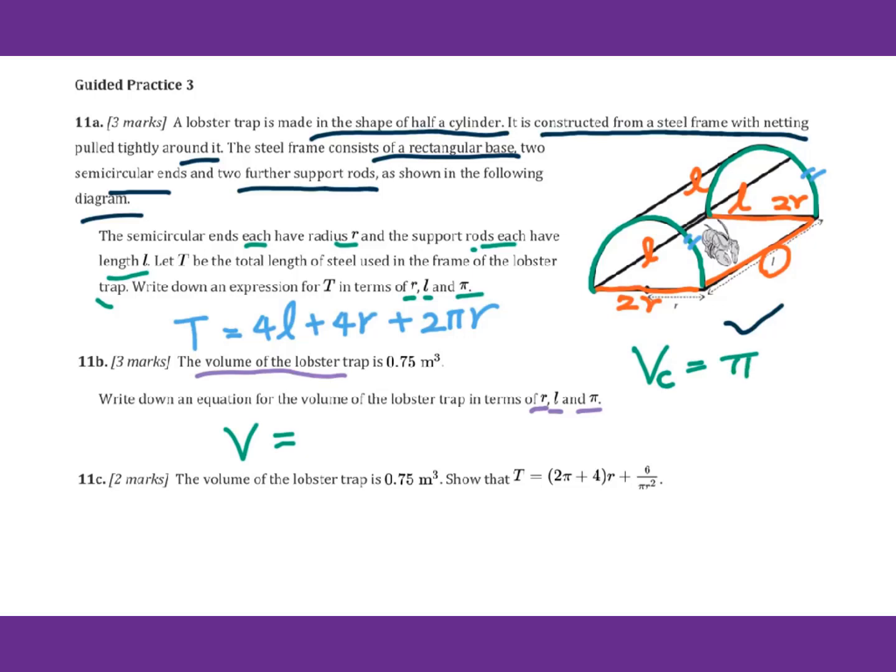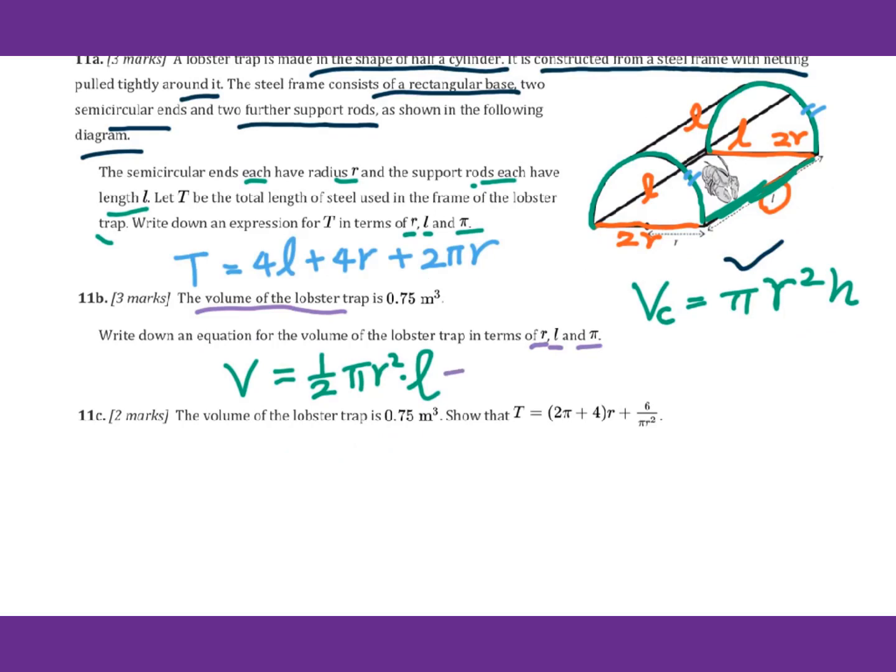We know that it's pi r squared times the height. So we get 1/2 pi r squared times height, and the height will be this L. Then we will set this equal to 0.75.